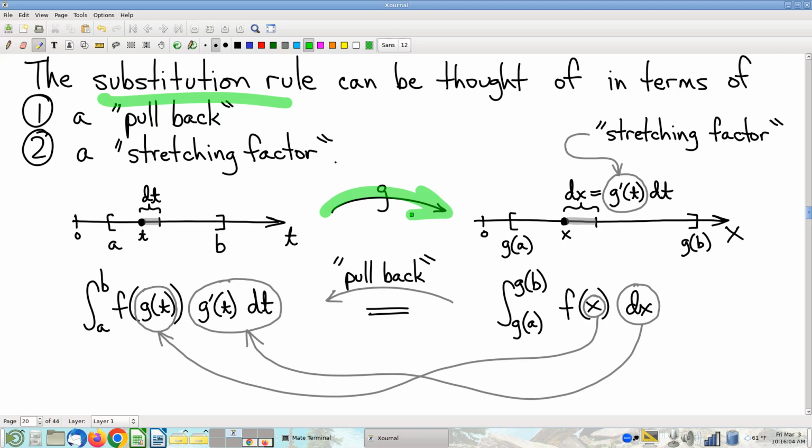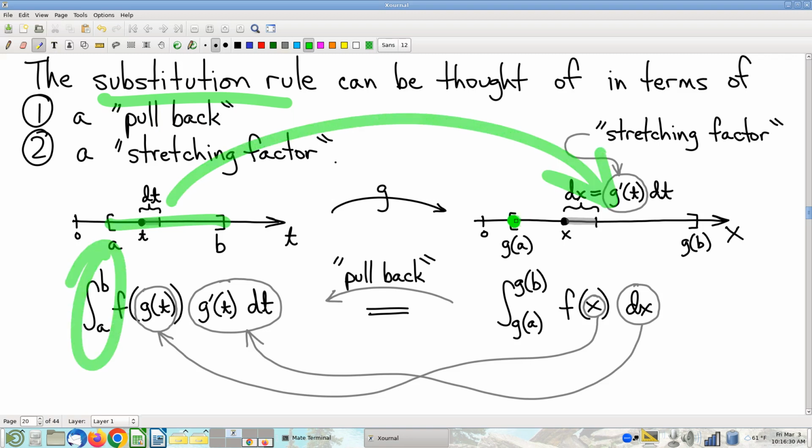But the substitution function, I want you to think of it not as an algebraic thing, but as a geometric thing, as a function that literally takes points from a domain in the t-axis and returns it as a point on an interval on the x-axis. And with that in mind, notice that this interval from A to B turns into this interval from G of A to G of B.